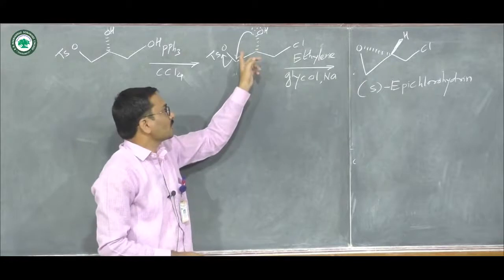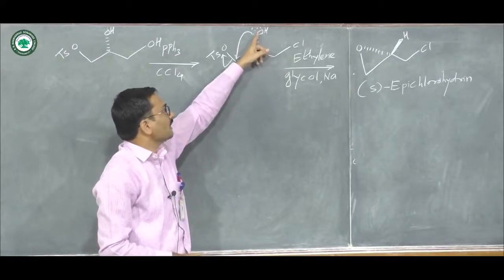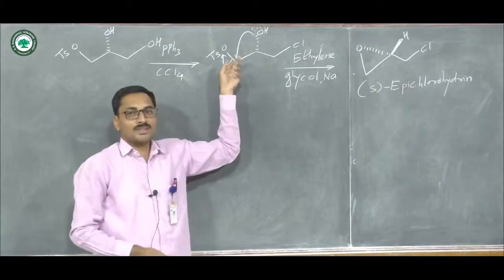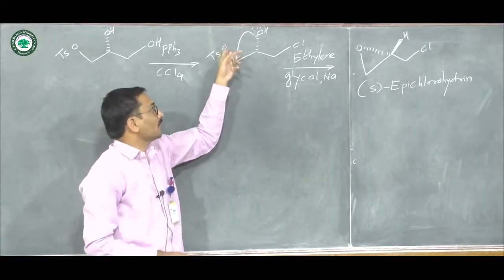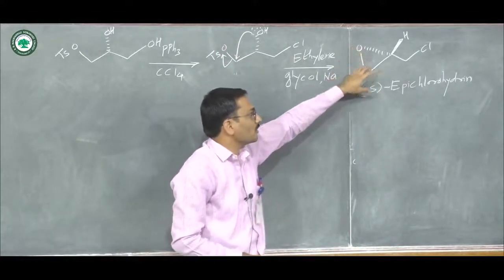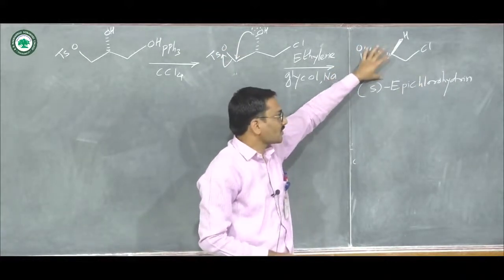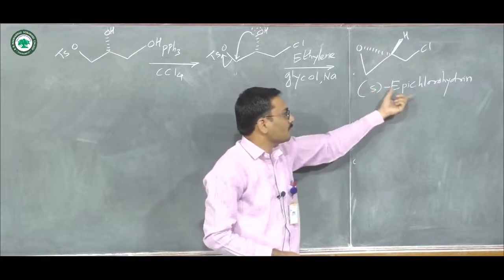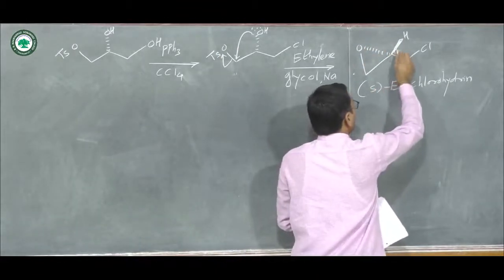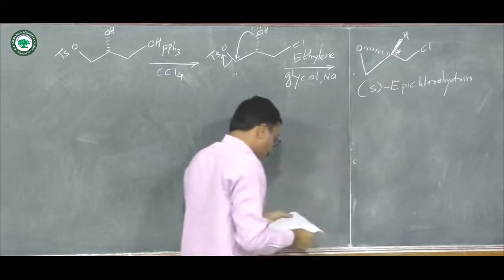This oxygen electron pair attacks at this carbon, where there is a good leaving group, OTs, and there is formation of the corresponding epoxide compound with a chlorine atom. This structure is called S-epichlorohydrin. This carbon is chiral and has S configuration.